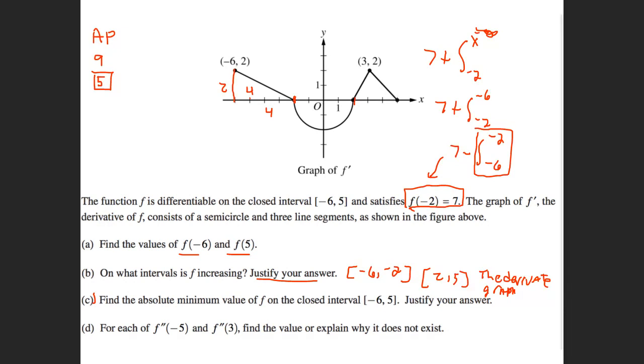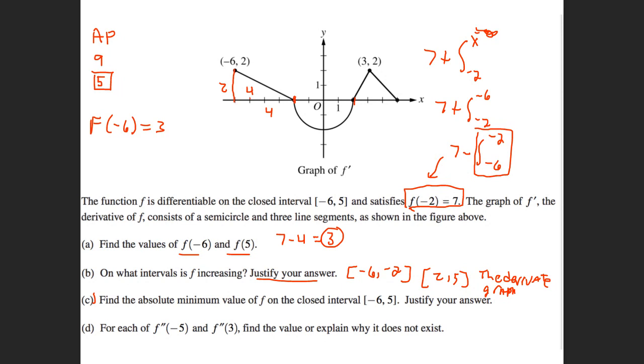So f of negative 6 turns out to be 7 minus 4, which is 3. F of negative 6 is equal to 3.